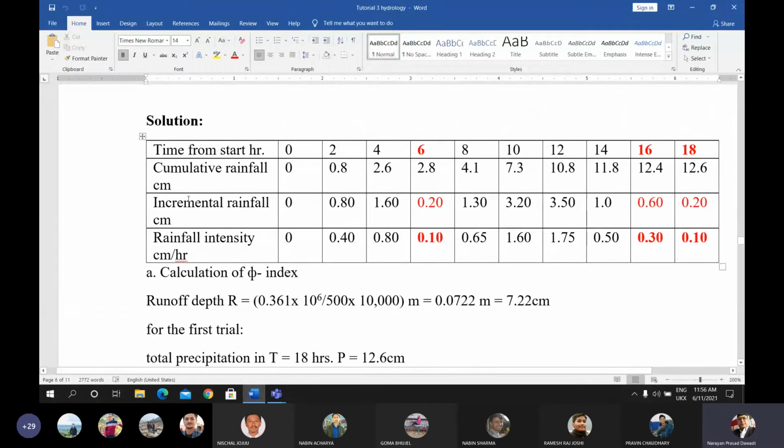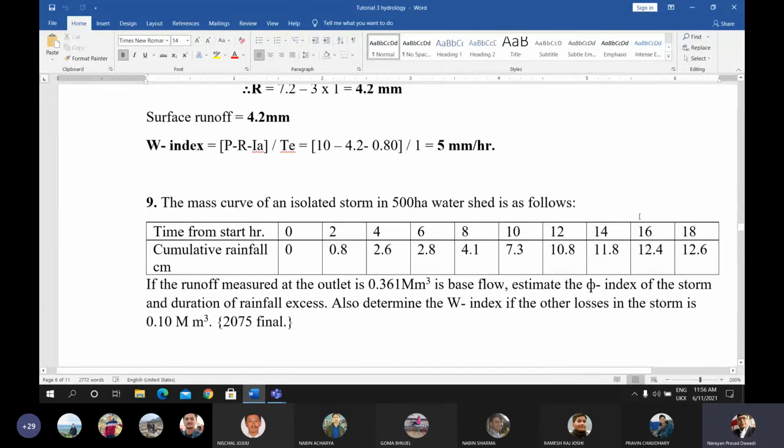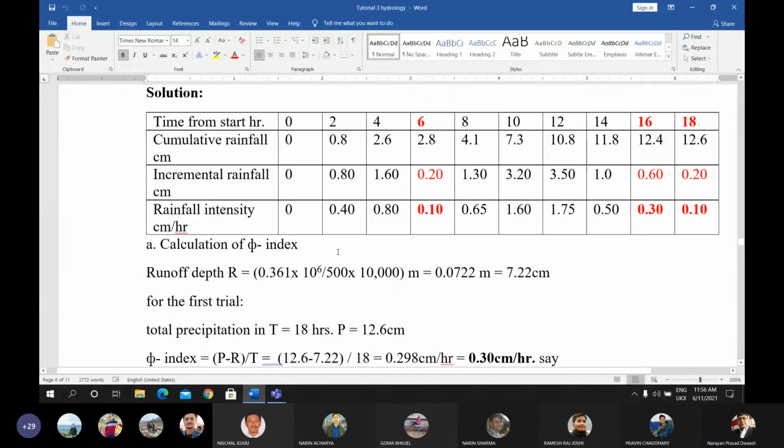The solution is here. The time starts from the rainfall 0 to 18 hours, which is given in the question, and the cumulative rainfall. The first row and second row are taken from the question.